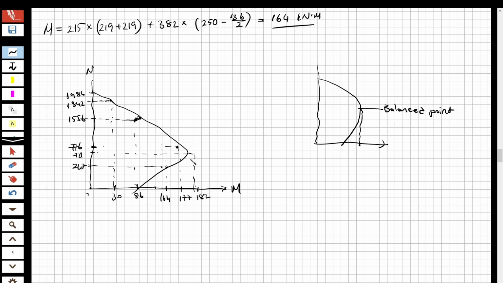So which point is balanced here? Actually, this one, okay? This point is balanced. So now I guess you understand how we are going to solve the question and draw the interaction diagram. Now the question is solved. Thank you for watching. See you in the next class.